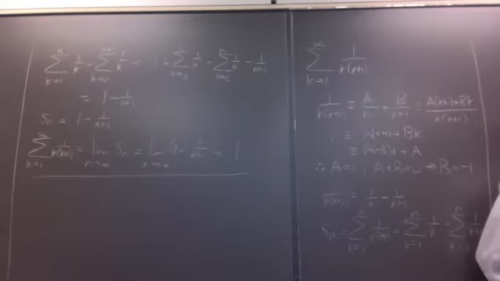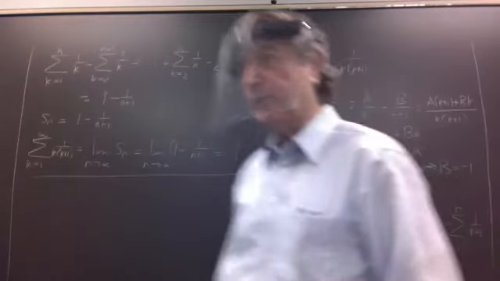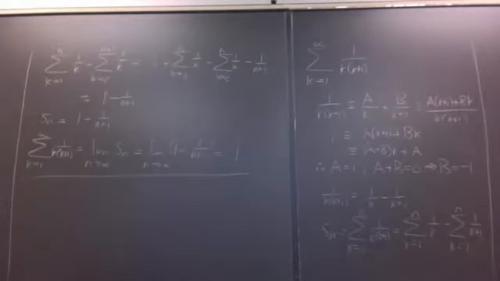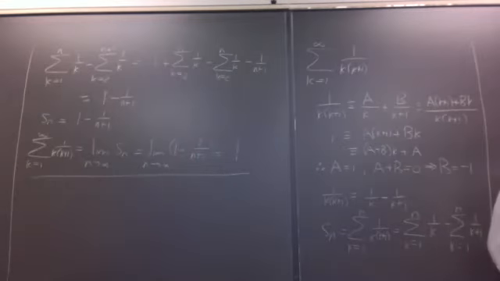Anyway, there are a couple of types of series for which you can always find the sum. One of them is geometric. There are rules for when a geometric series will converge and when it will diverge. It has to do with the size of what's called the common ratio, the letter R, that we used in the geometric series.